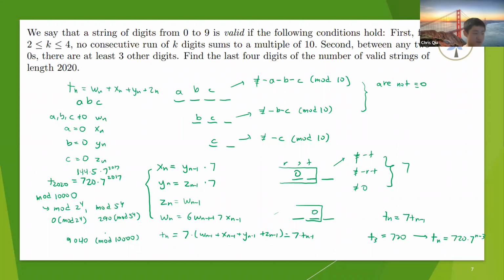And so this number is going to be the unique number that is congruent to T2020 mod 10,000. And so the last 4 digits of the number of valid strings of length 2020, which is T2020, is 9040, and that is our final answer.